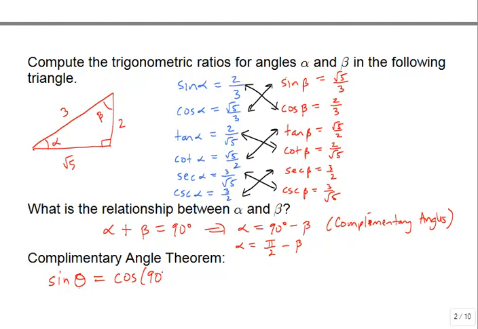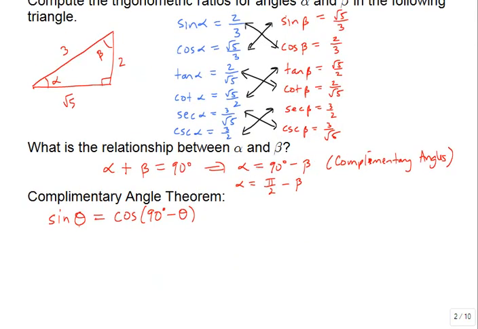So if you're using degrees, then that would be written as cosine of 90 degrees minus theta, or you could write that as sine of theta equals cosine of pi over 2 minus theta. So the sine on one side is equal to the cosine of the complement. So this angle theta and this angle pi over 2 minus theta, those are the complements.